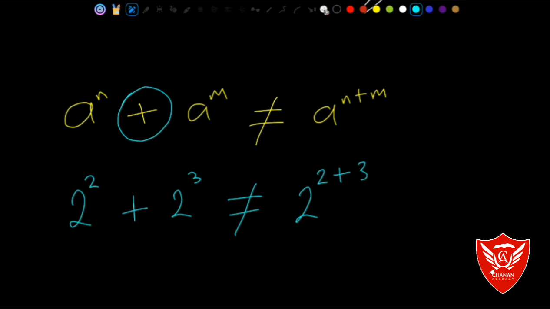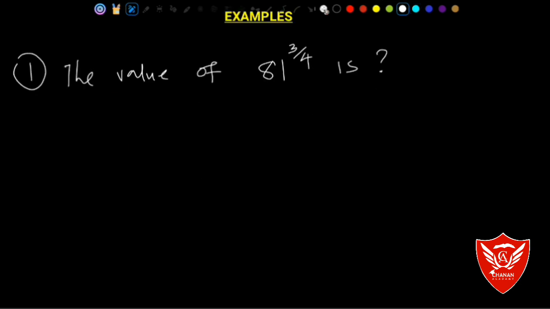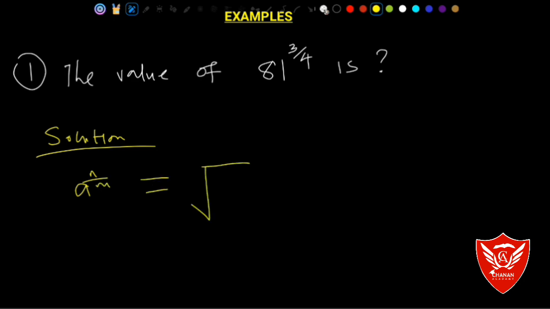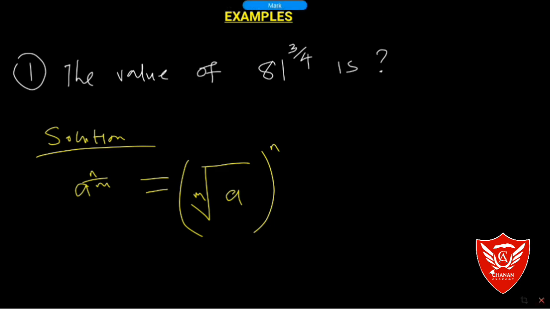All right, so now we're going to go straight to take some examples using the indices law. So the first example, we're asked to find the value of 81 raised to the power of 3 over 4. Now from the indices law, we have that if we have a raised to the power of n over m, this is equal to the mth root of a raised to the power of n. Now from this case, we can see that a is 81, n is 3, and m is 4.